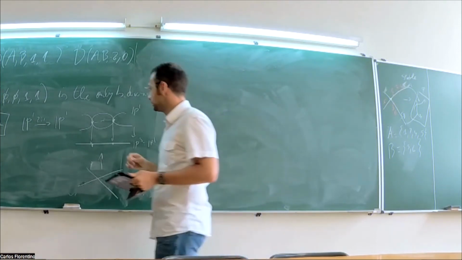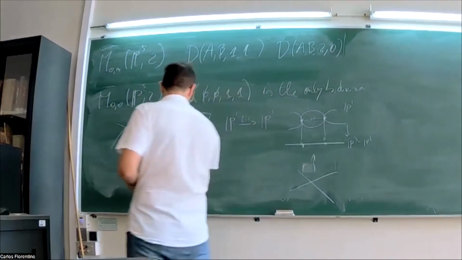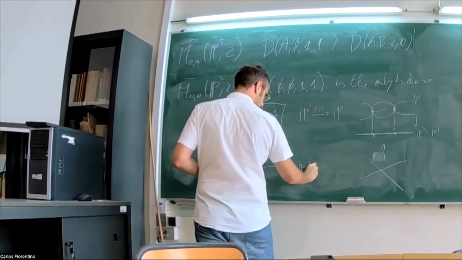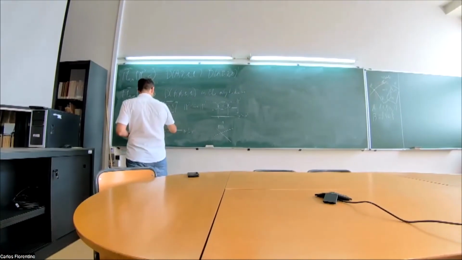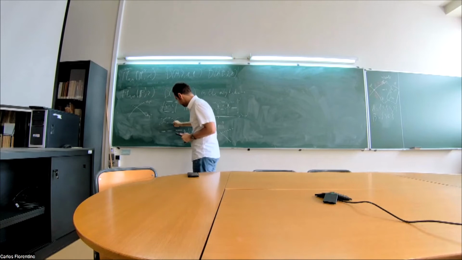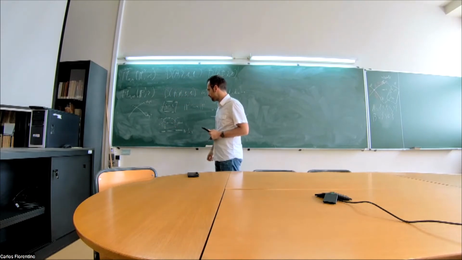It's also vice versa. If I have our PS that is P1 and I choose 2 points, I have a unique map where the ramification points are there.